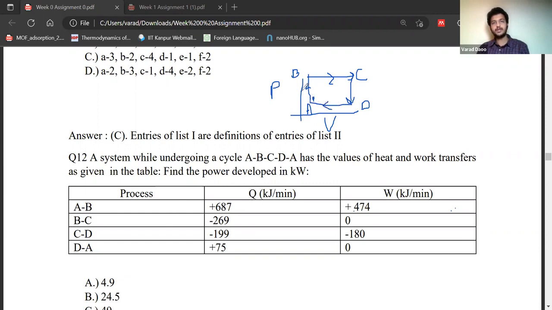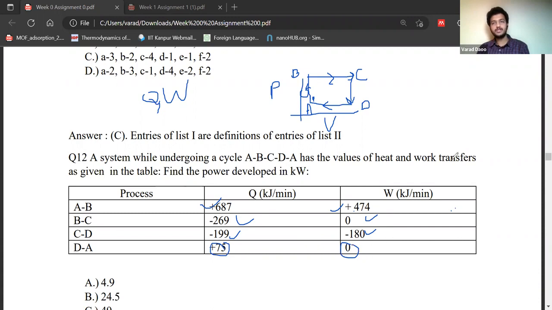Here, like I said, Q and W both are path dependent. Here Q is positive, W is positive. Here B to C, Q is negative, W is positive. Then C to D, it's negative, negative, and D to A is 75 and 0.